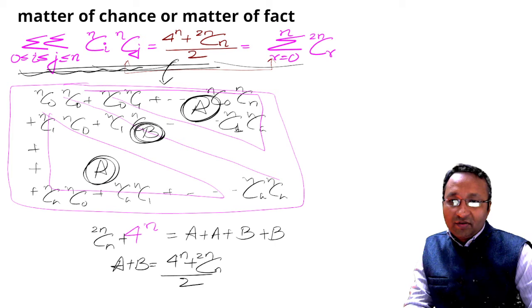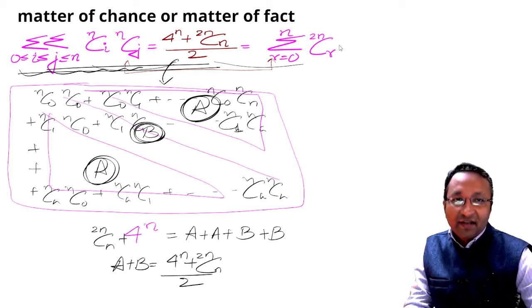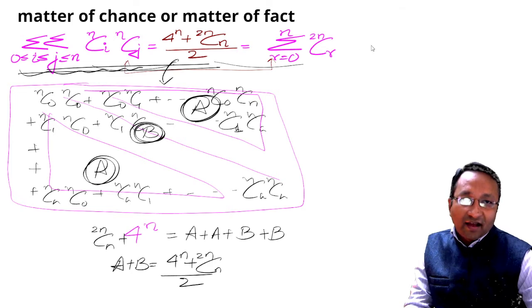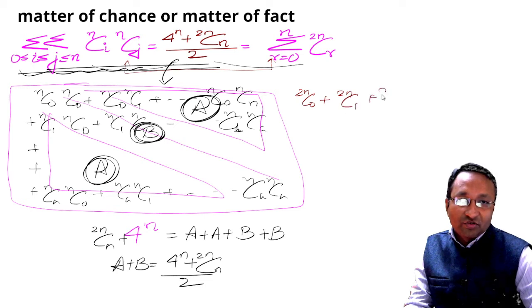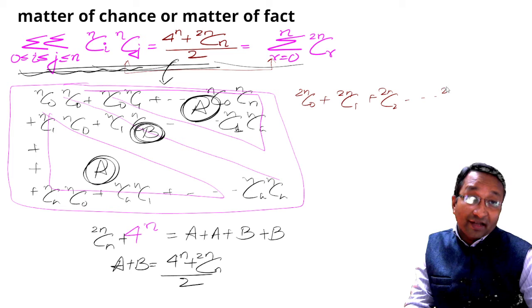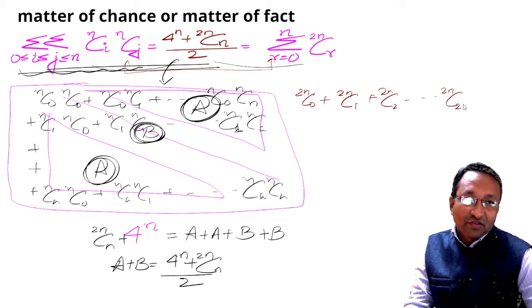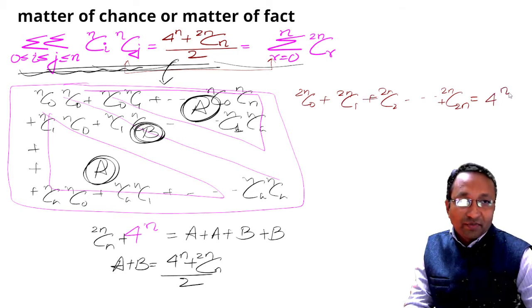Now let's quickly look at the right one, and then we will ignore all this and equate them directly. 2nCr, so if I take 2nC0, 2nC1, 2nC2, up to so on till the last one, which is not n, which is actually 2nC2n. So with the theory of all possible selections, this basically is 4 to the power n.